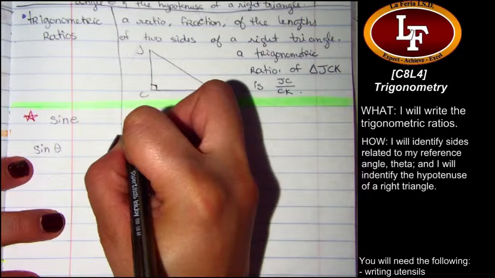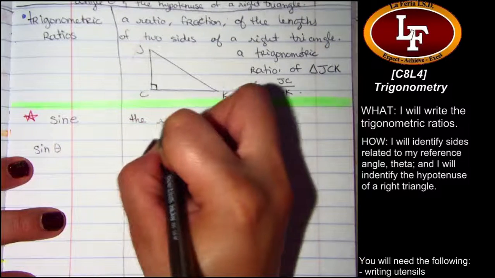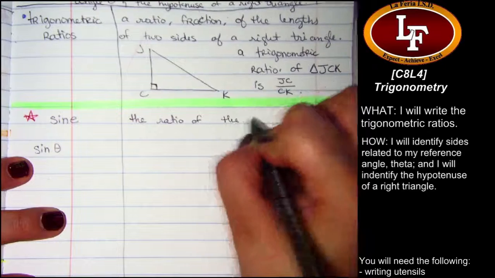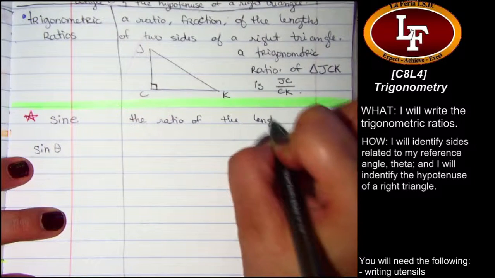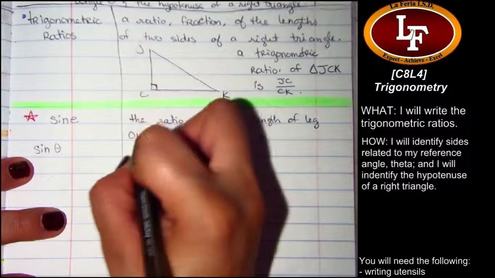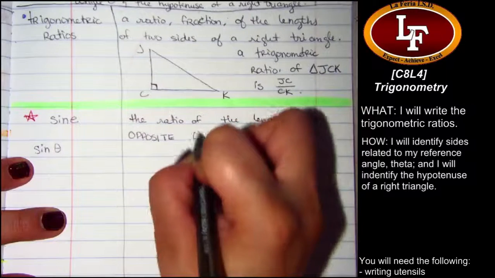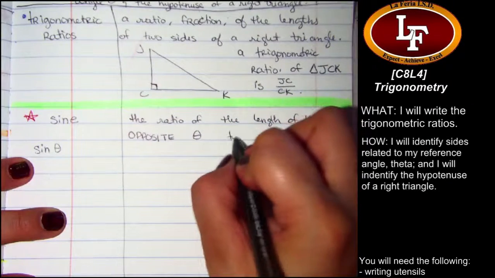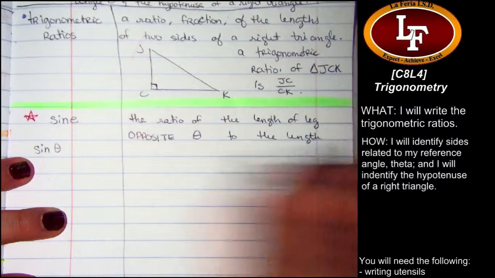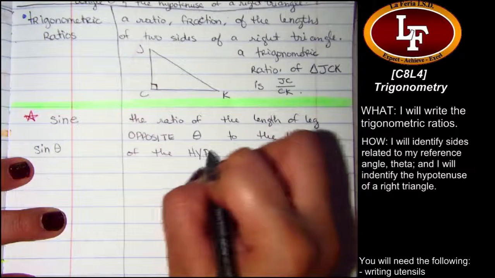And here is the word version of this. The sine ratio is the ratio of the length of the leg opposite theta, which is our reference angle, to the length of the hypotenuse.